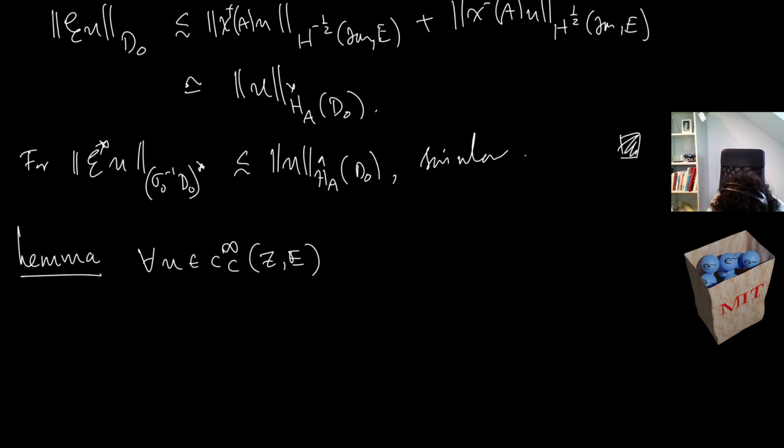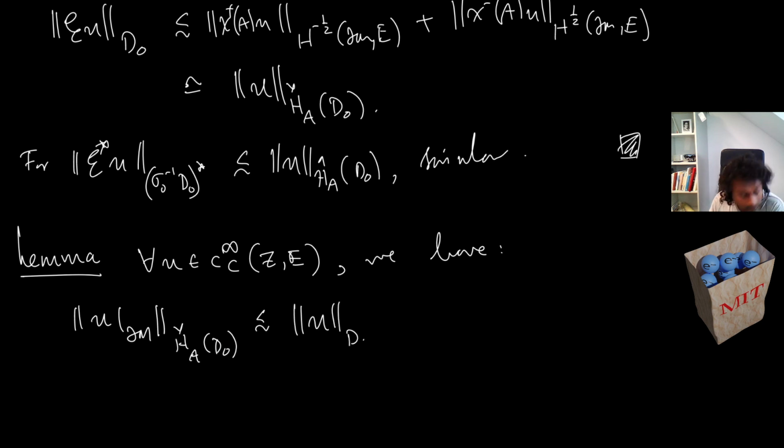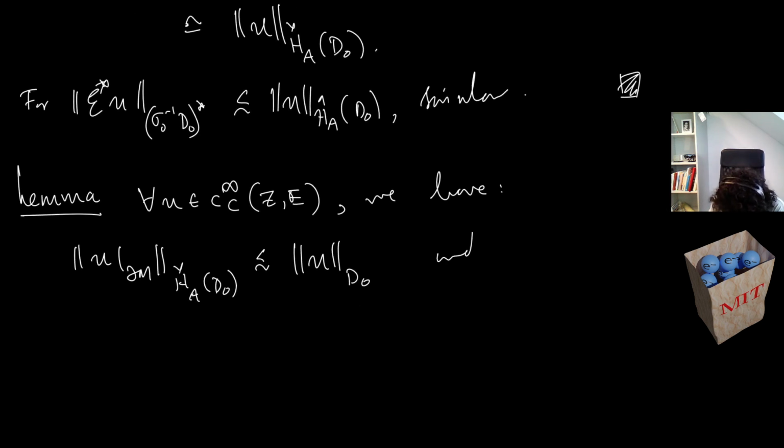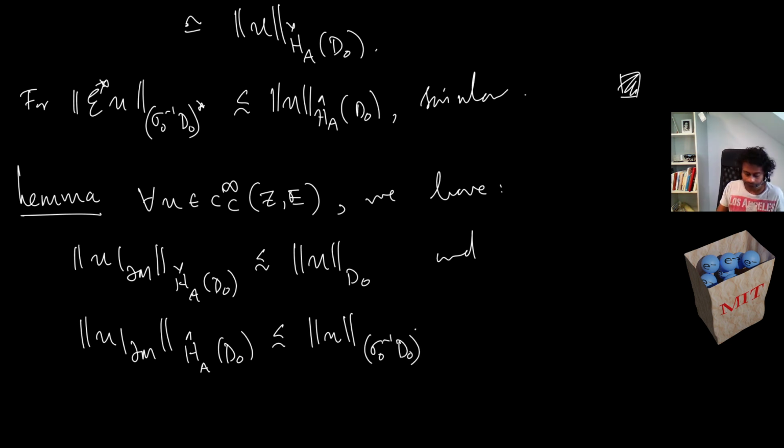For all compactly supported smooth sections u, we have that the restriction to the boundary, measured in H check of a d naught, is bounded by the norm of u in d naught, and u restricted to the boundary in H hat a of d naught is bounded by the norm of u in sigma naught inverse d naught adjoint.